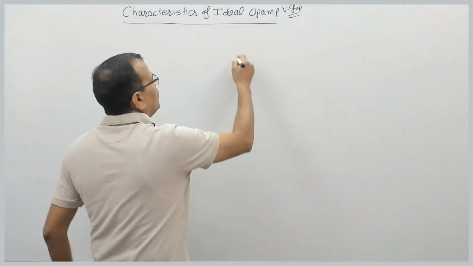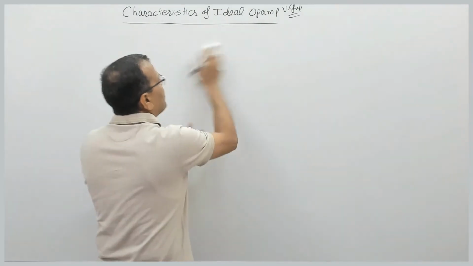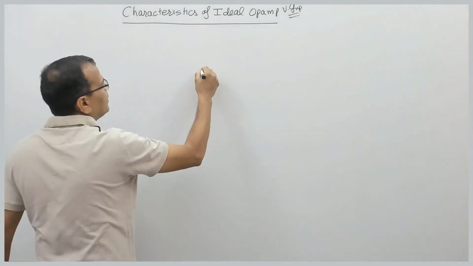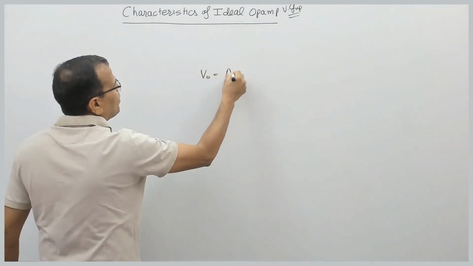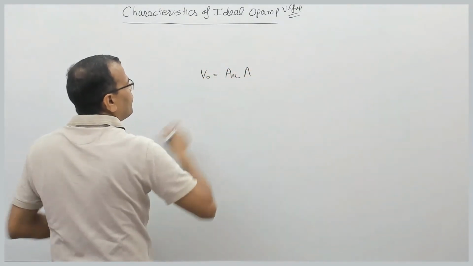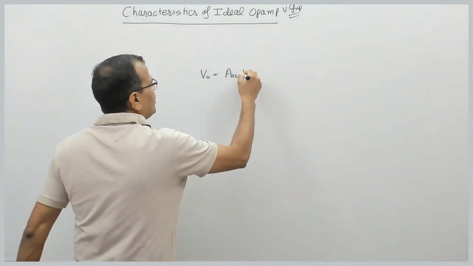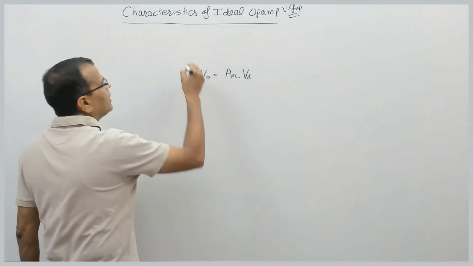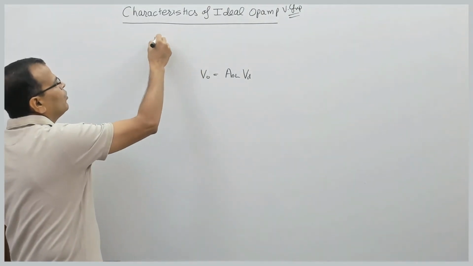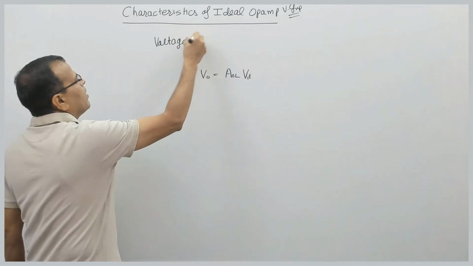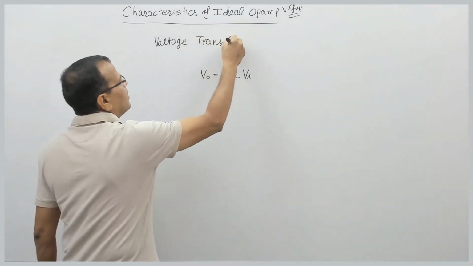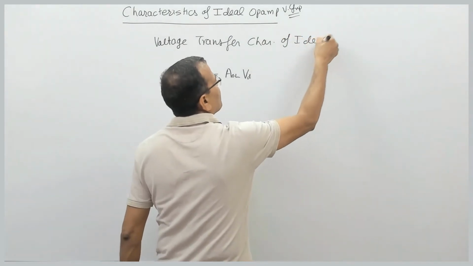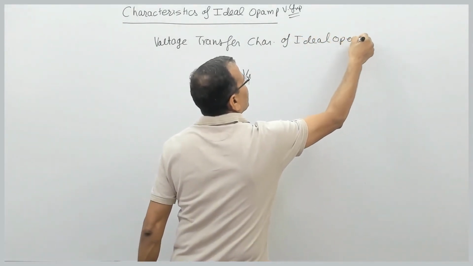That is, for an ideal op-amp, V0 is the open loop gain times the differential input voltage. This is the voltage transfer characteristic of the ideal op-amp, or we can say ideal characteristics.